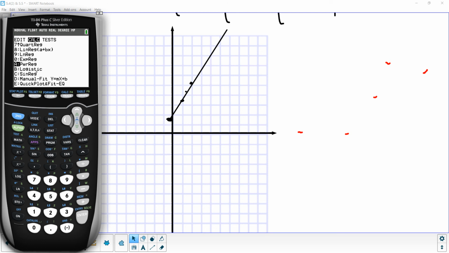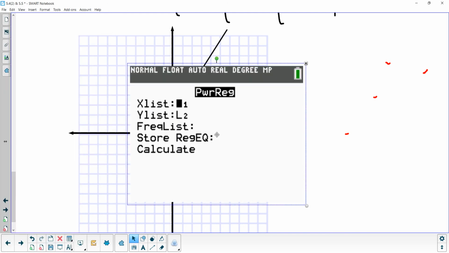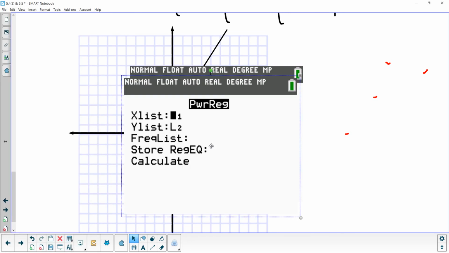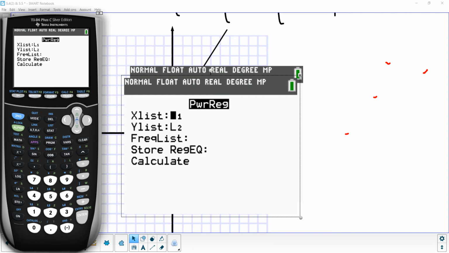Now, once you highlight option A, you can hit Enter. It's going to ask you a couple things. If you haven't changed how you did it from what I did, you can do exactly what I'm about to do. My x's are in L1, and my y's were in L2. If you used a different list for your x's or y's, here's where you could change it.